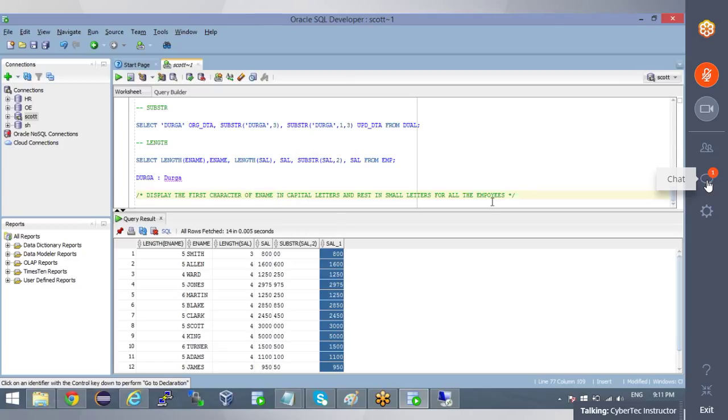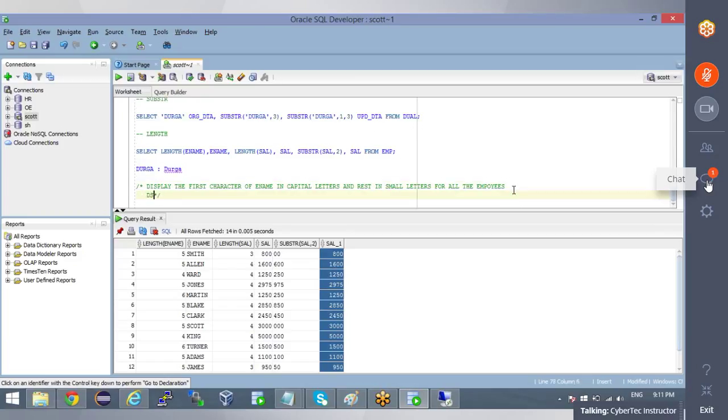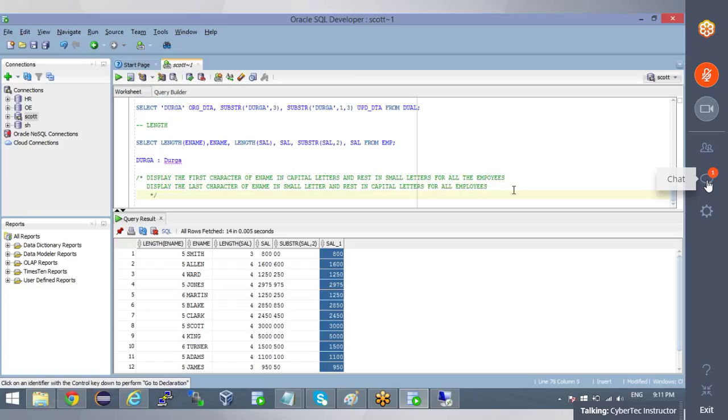This is one of your assignments, and the second one is the same thing in a different manner. Display the last character of ename in small letters and the rest in capital letters for all employees.